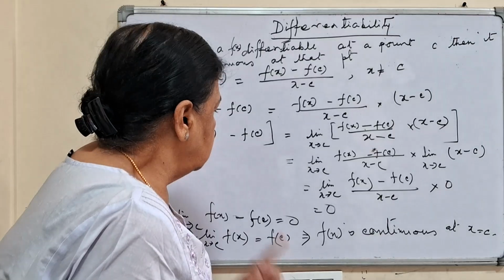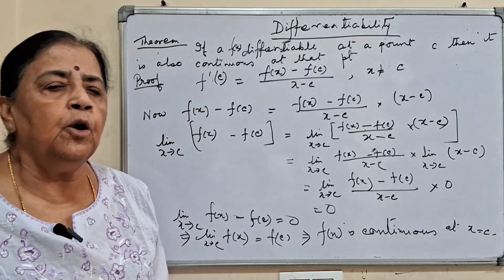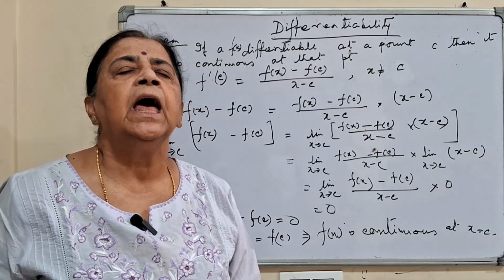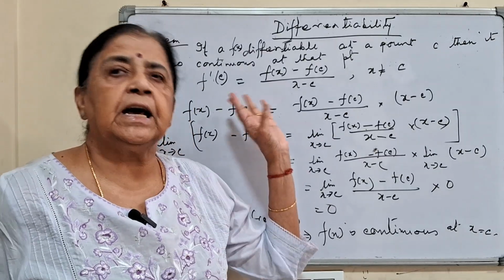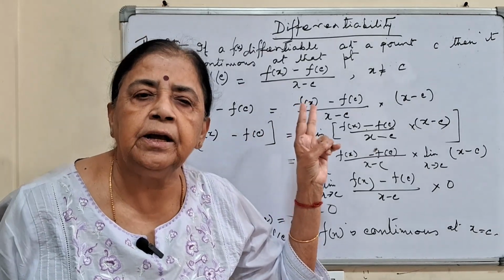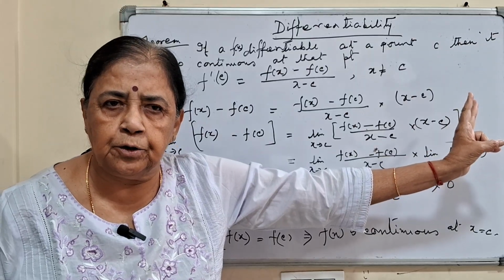So the first theorem says that if it is continuous at x is equal to c, it is differentiable at x is equal to c.